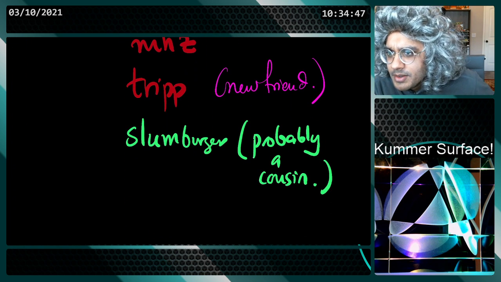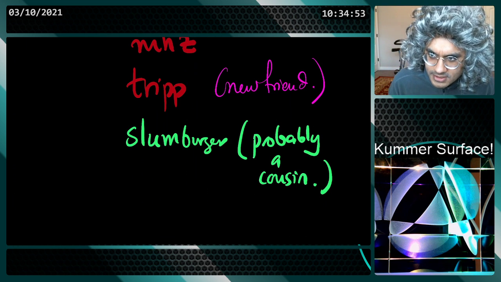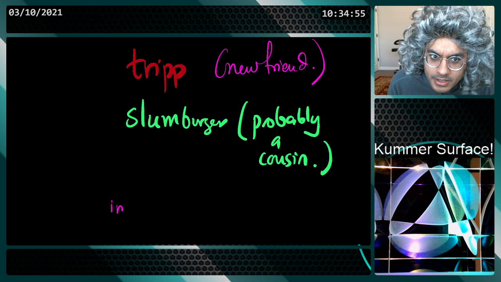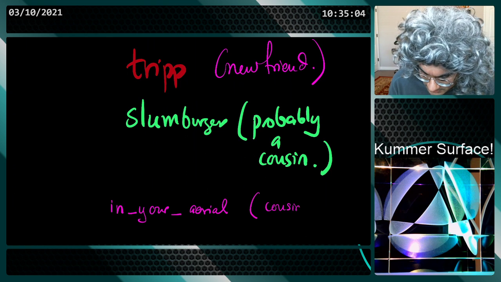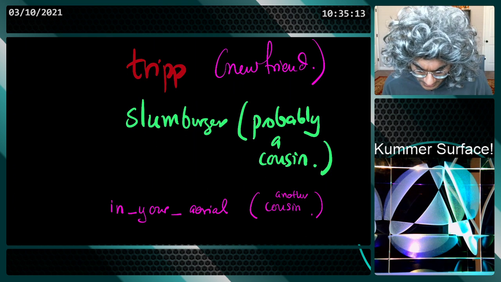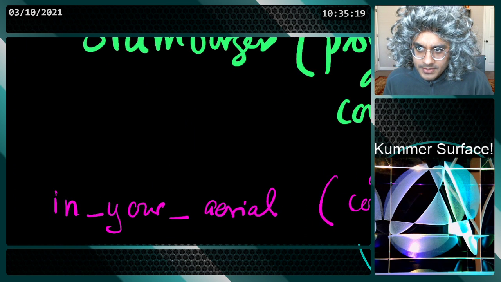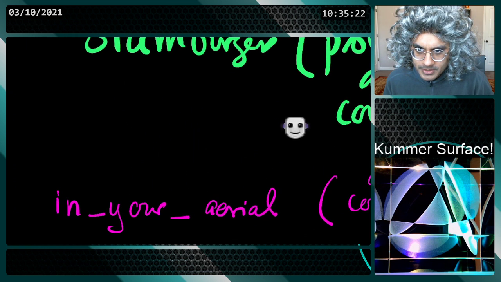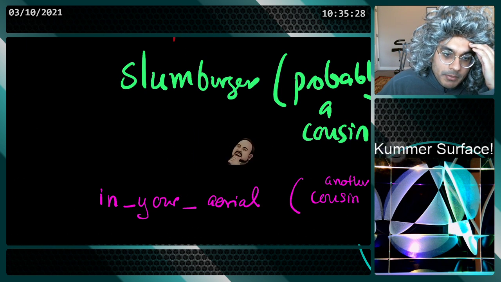Look, for example, In your aerial just followed, but that's because they want to be on this screen right here. So yeah, here it is. In your aerial, here you go. Probably another cousin. I have lots of cousins. Alright, there you go. You happy? Is that why you followed? There you go. You see that? You feel that? That dopamine? Right there in the cerebral cortex, right by the fusiform hypochondriac.